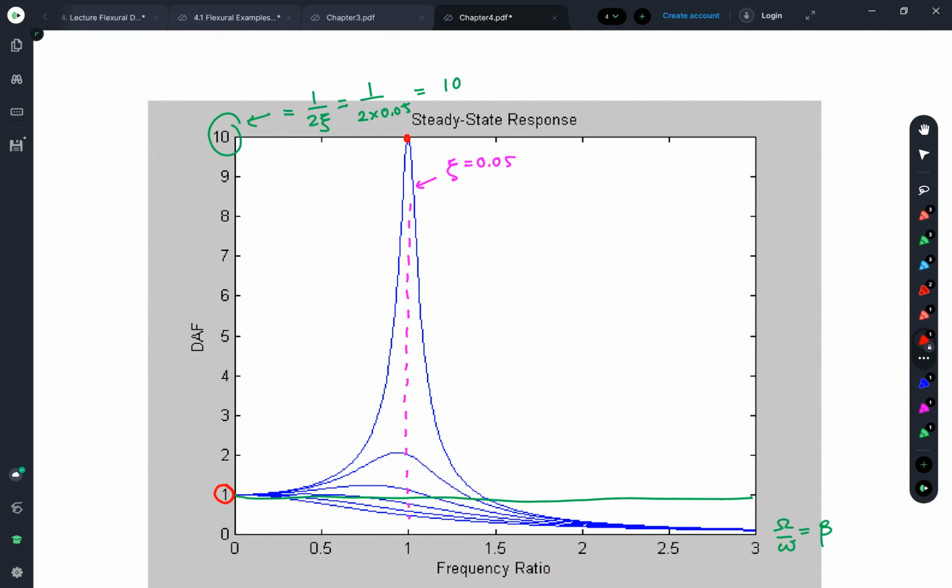And this is because the frequency ratio is close to 1. When the frequency ratio is close to 1, the dynamic harmonic force has this phenomenon called resonance.